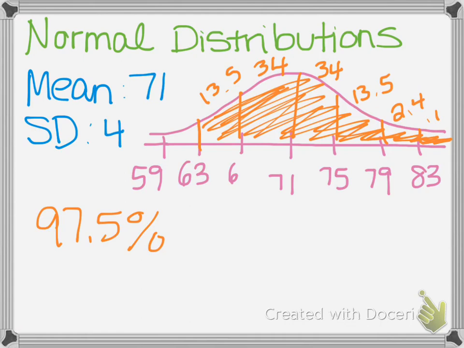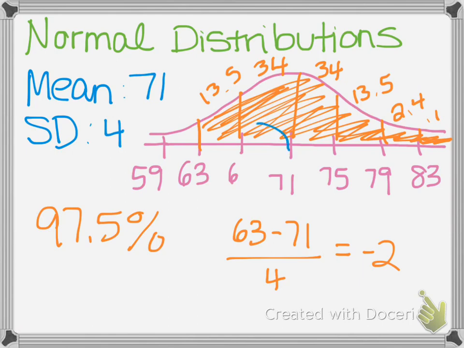Now, you could use your Z-score for this in the formula. And if you did that, this is what you have to be careful of. I would want to do 63 minus 71 divided by 4. And when I do that in my calculator, I get -2. That makes sense because I told you that each standard deviation is 1 Z-score away.